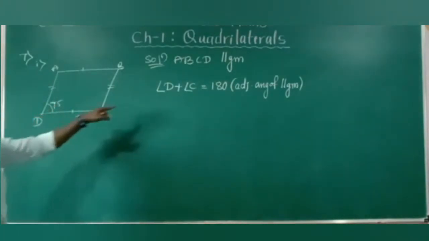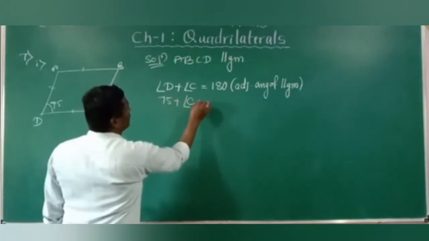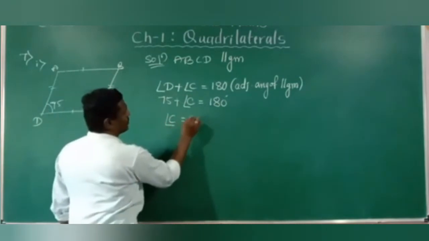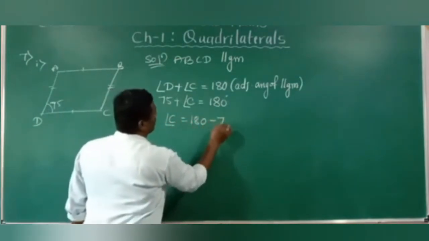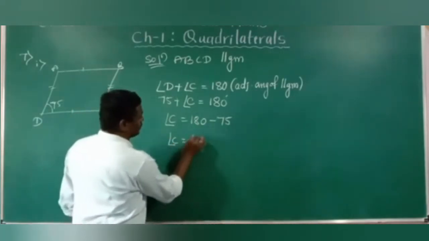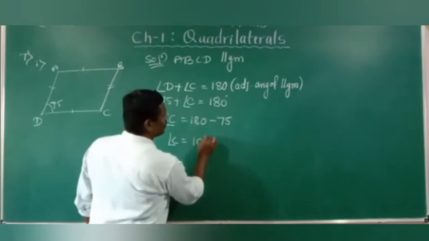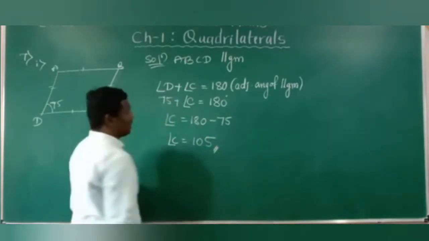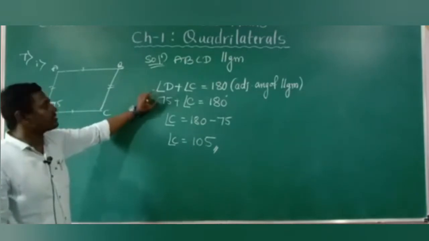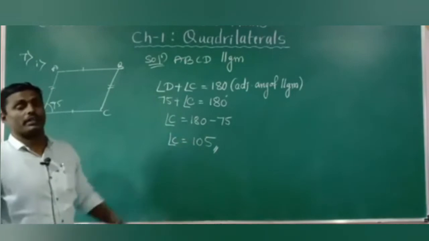Angle D is 75 degree. Write angle C as it is, equal to 180 degree. Angle C is equal to 180 minus 75, which is 105 degree. So angle D is already given, that is 75 degree, and angle C is 105 degree.